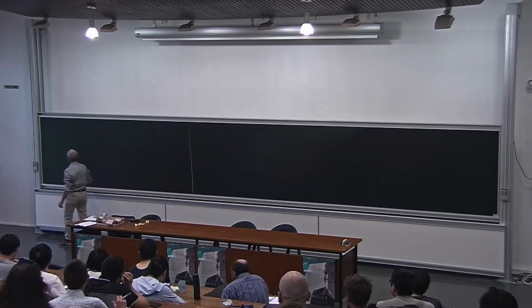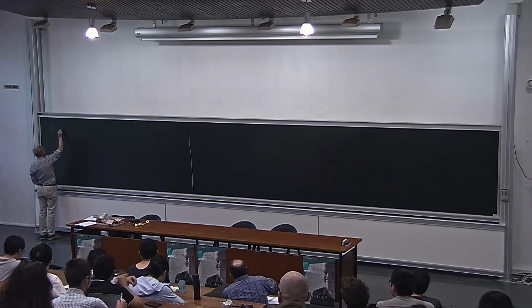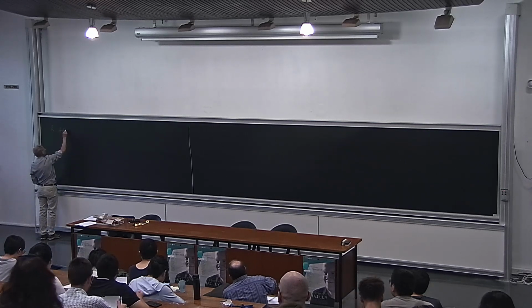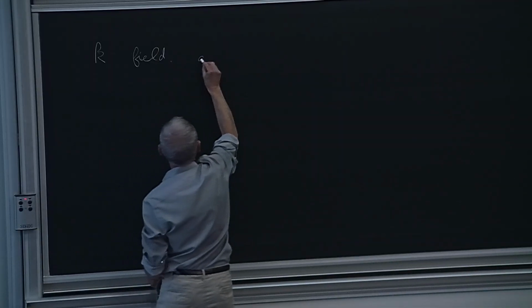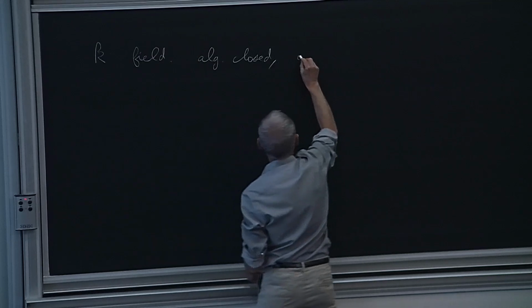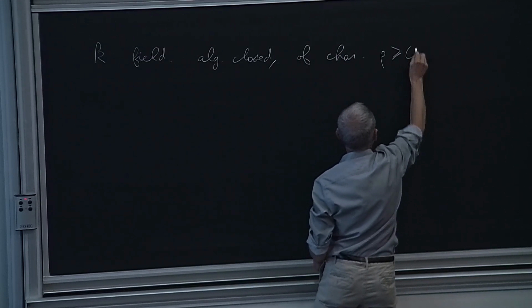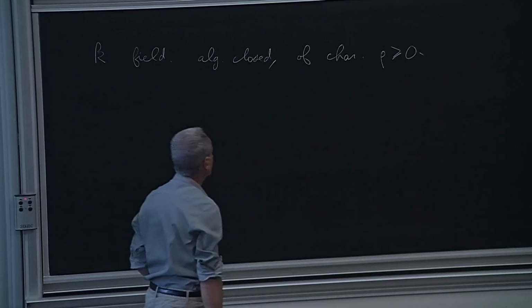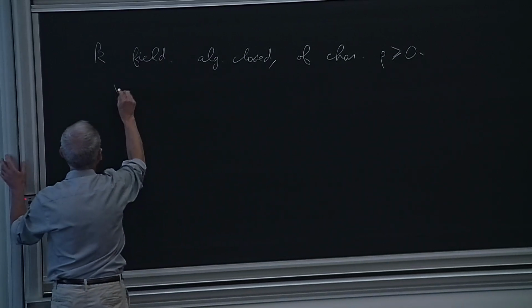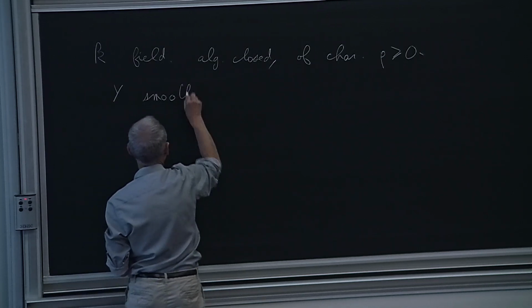I'll start with K, which will be an algebraically closed field of characteristic p, could be positive, and X in this talk is a smooth projective variety over K.